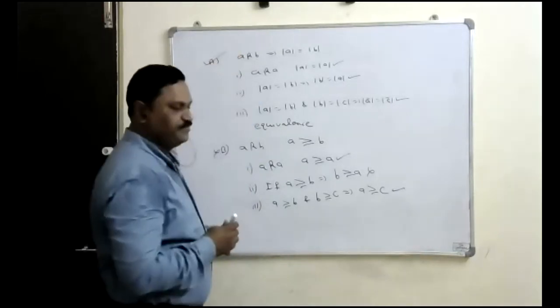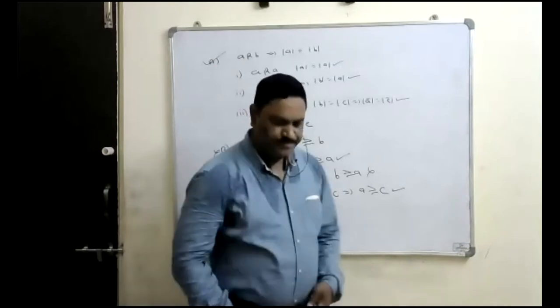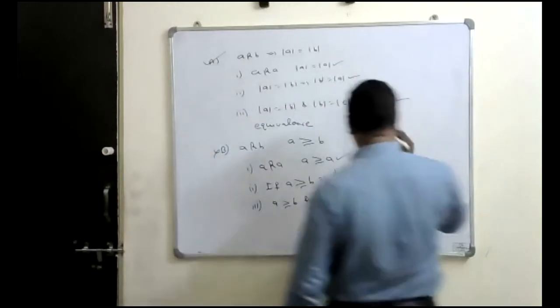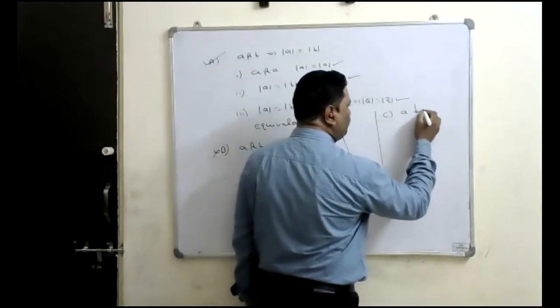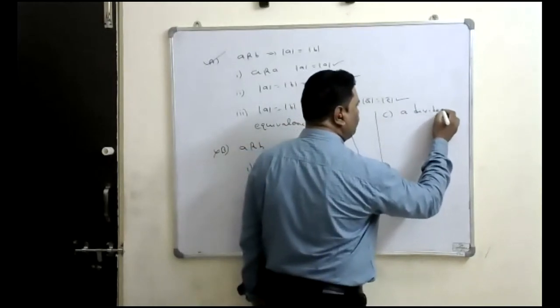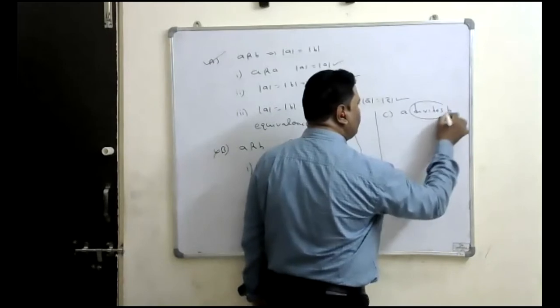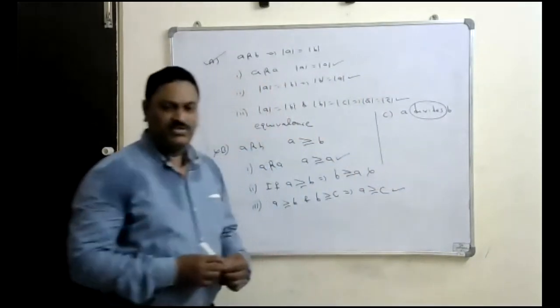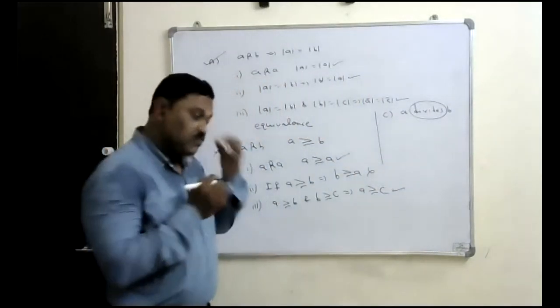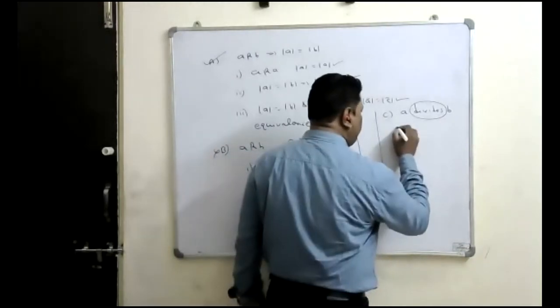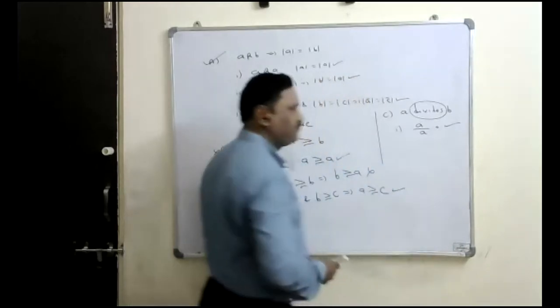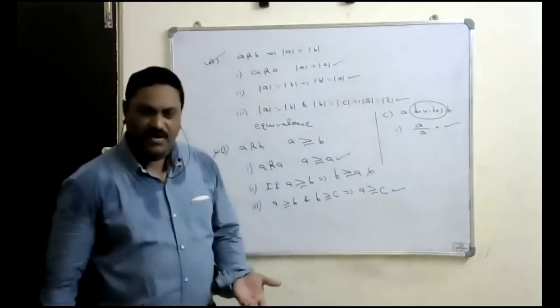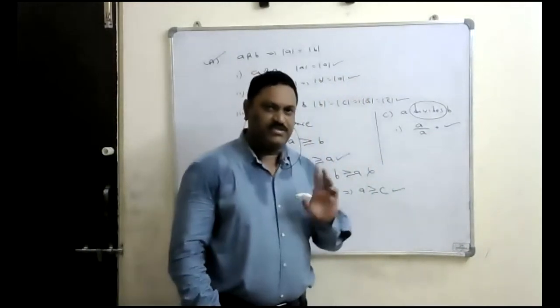Option A is correct. And look at option C. In option C, they have given that A divides B. This is the relation; here, divides is the relation. First we'll check whether it is reflexive or not. Reflexive means A should be divisible by A. Is it correct? Any number is divisible by itself except 0.